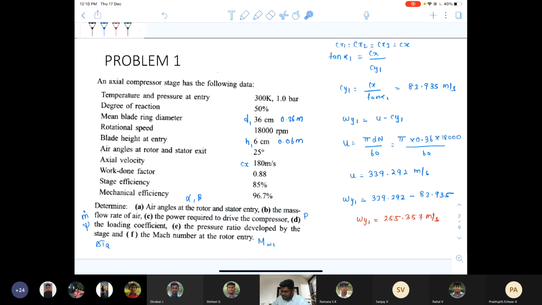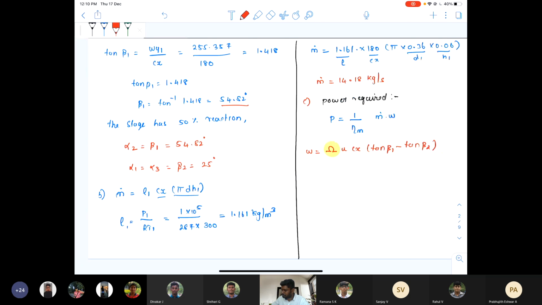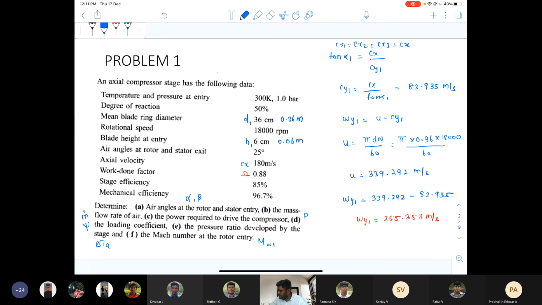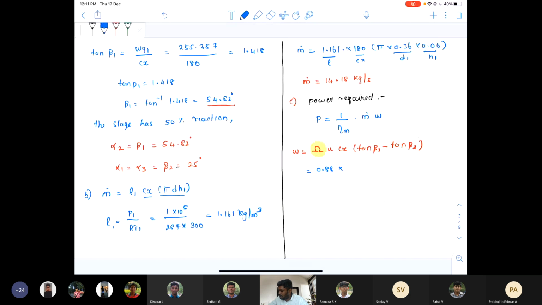So by substituting this value, you can get the value of W. That is, this is nothing but the value of sigma, which is the work done factor. Therefore, by substituting this, you will be getting work done factor equal to 0.88 into the value of U. We have already found the value of U is equal to 339.292.